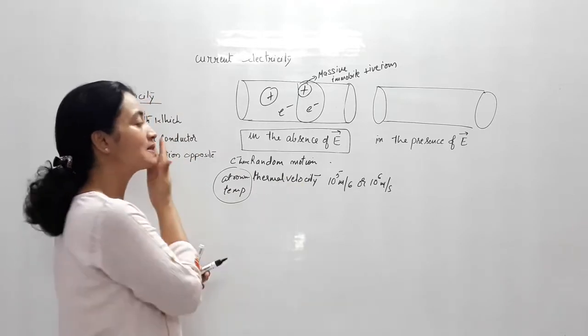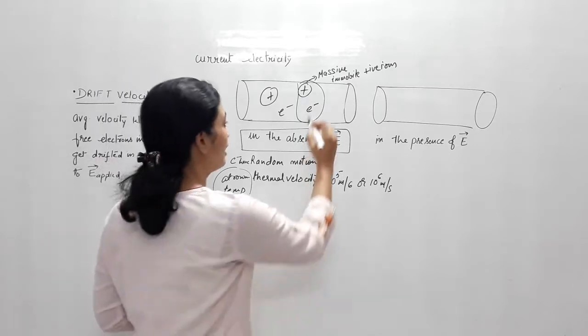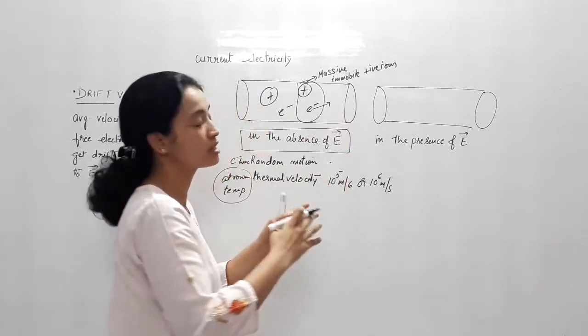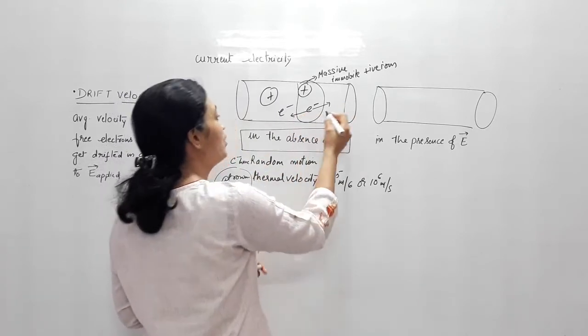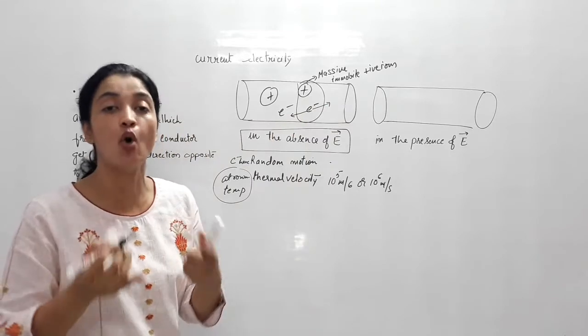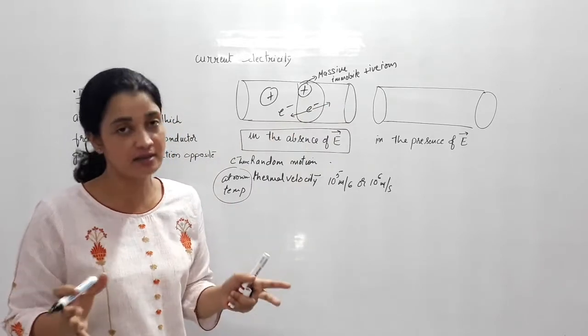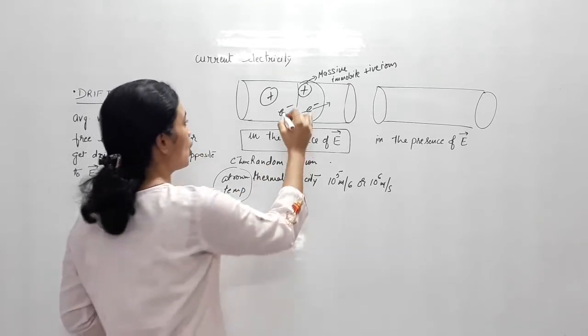But the problem is that these velocities are all random. Random means what? If an electron moves with this velocity in some specific direction, another electron moves with the same velocity in the opposite direction also. So the net resultant displacement is zero, and the net flow of charge is all random.